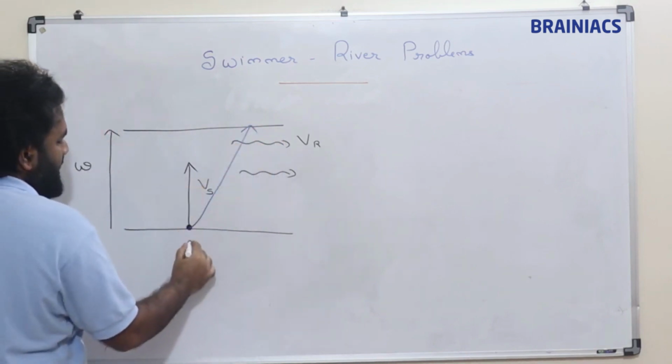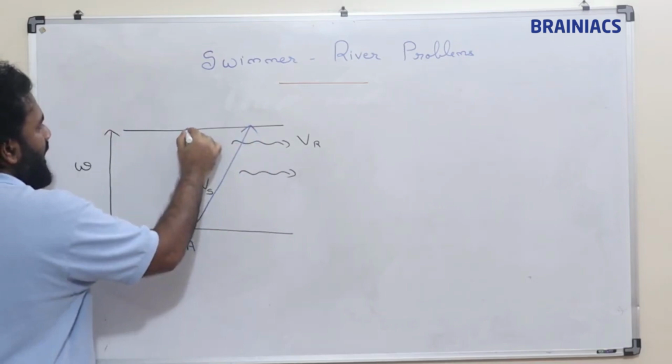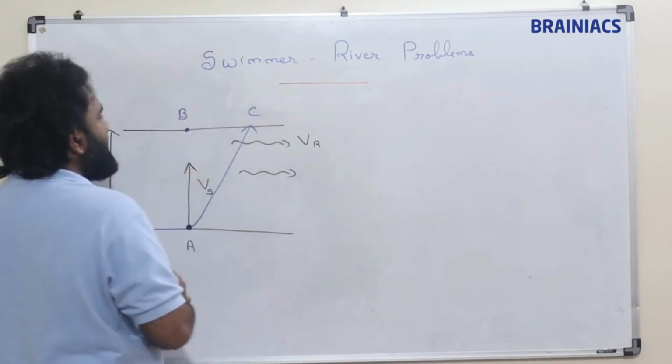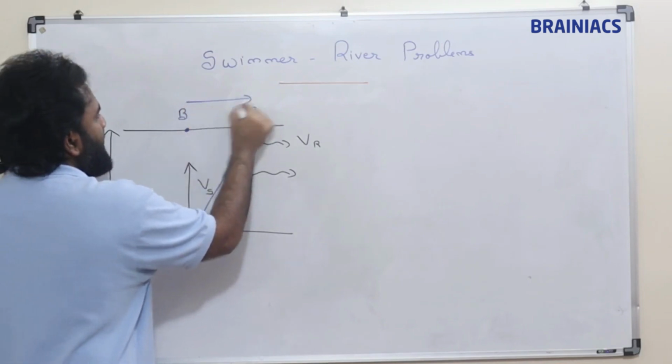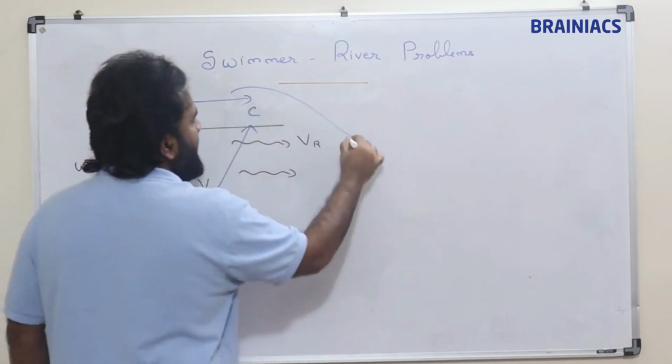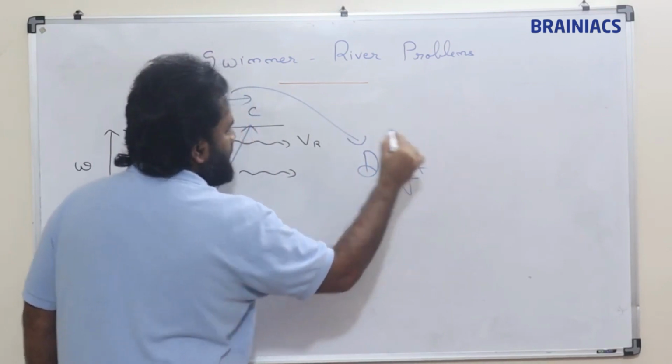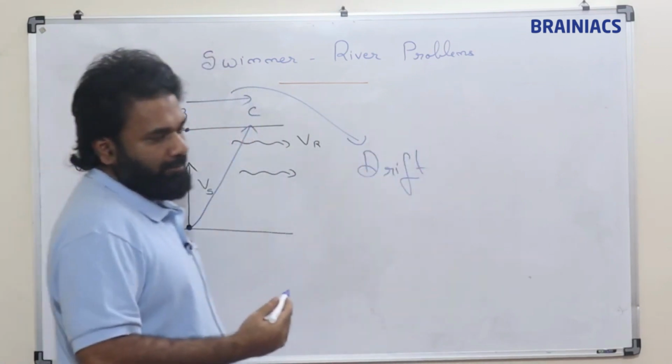If this is point A and the opposite point is B and this is C, this distance we call as drift.